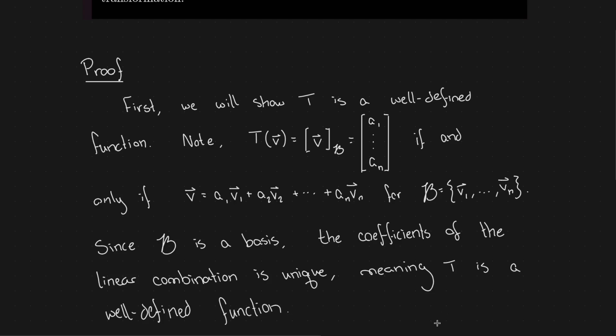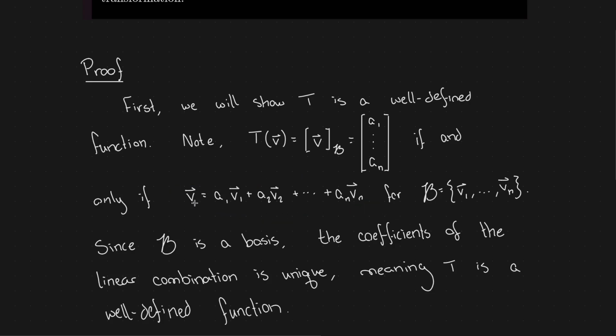Okay? So this is similar to the example we just showed, but in the example we just showed, the vectors we had didn't form a basis, right? These vectors do form a basis. And so when we are taking a linear combination of a basis, the linear combination is unique.